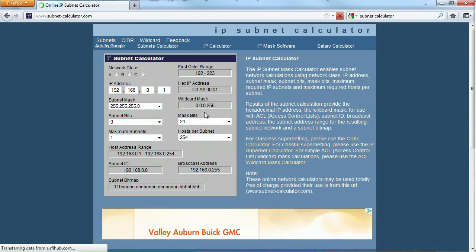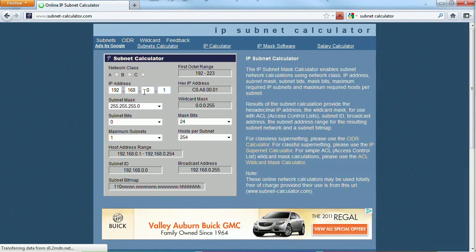The first hit here says, put whatever your value is. So let's say what I had, 100.200.0.0, and the subnet mask was a /25.